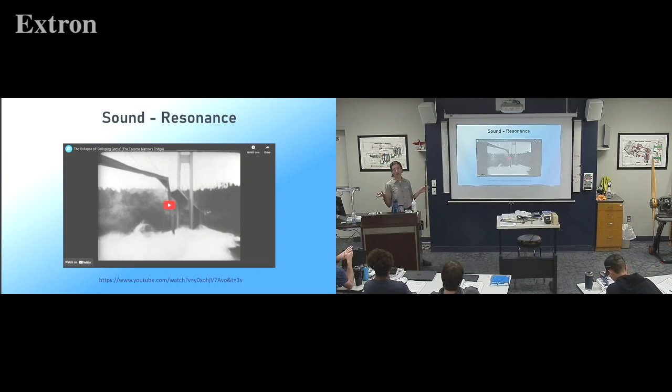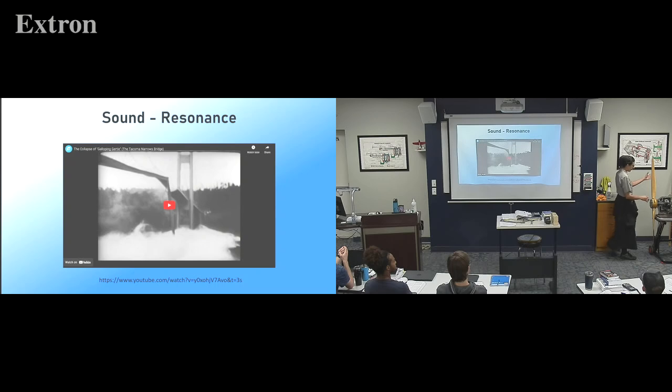Each object has what is called a resonant frequency. So all of these atoms in this rod are vibrating at a certain frequency. On an engine, you have tons of moving parts. You've got the piston moving, and the crankshaft, and a whole bunch of other stuff.